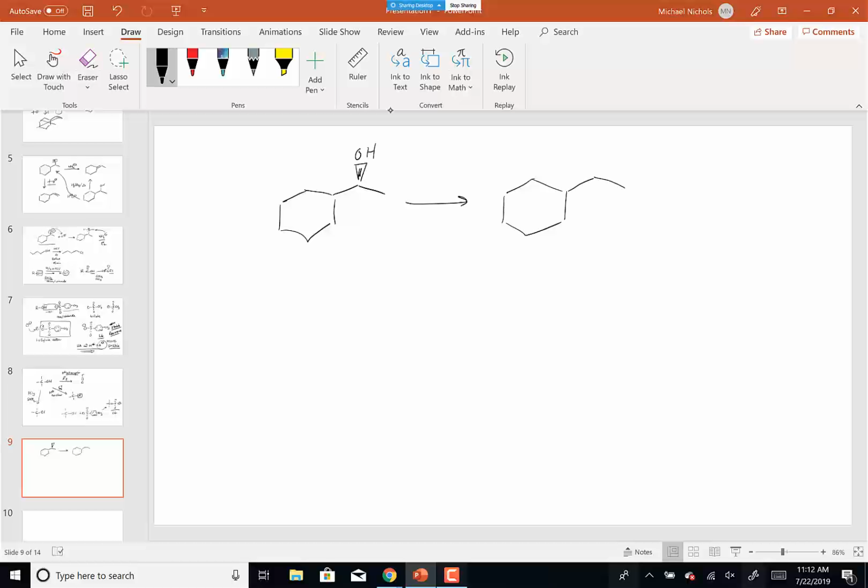How do I want the stereochemistry of the final product?